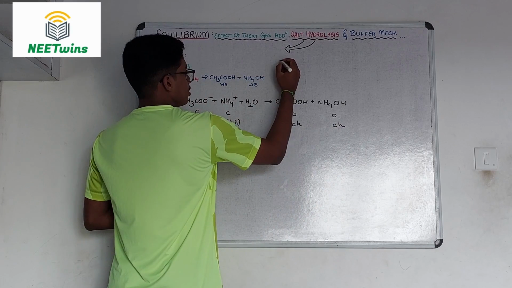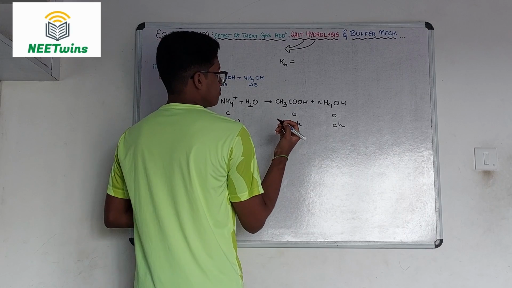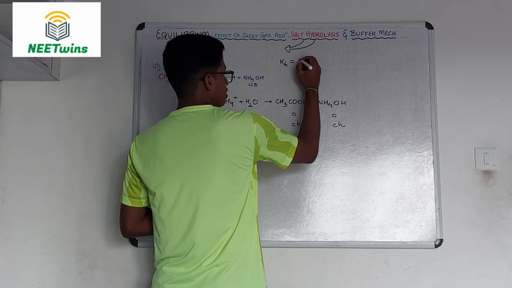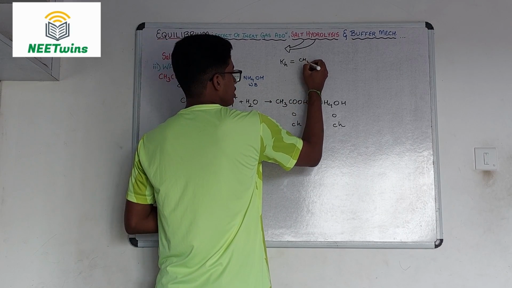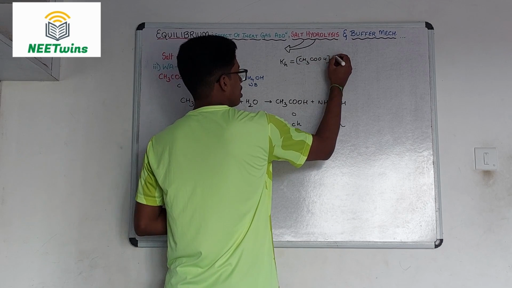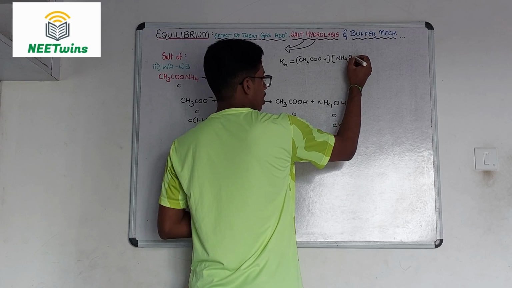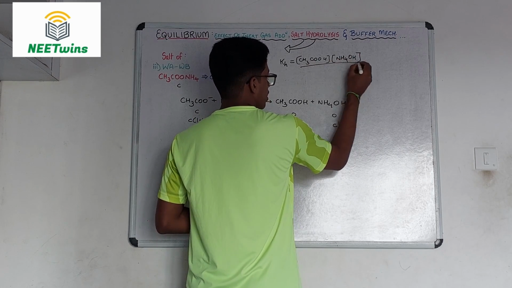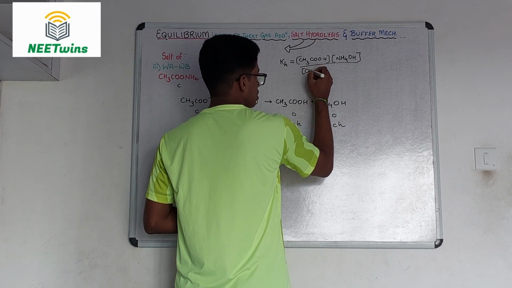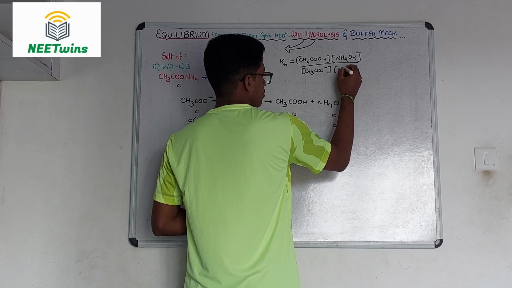So for this equation, Kh would be equal to CH3COOH into NH4OH divided by CH3COO minus into NH4 plus.